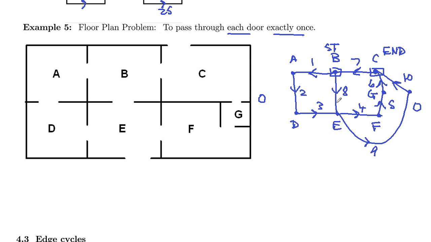Okay, so we translated to math, we solved it. Let's translate back. So you go from B to A first.